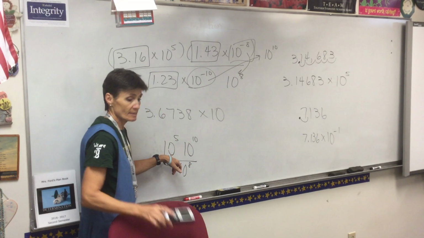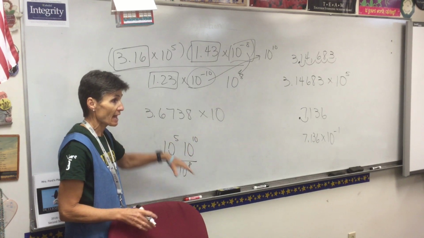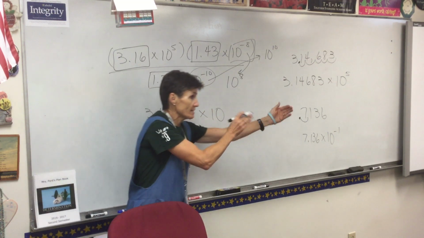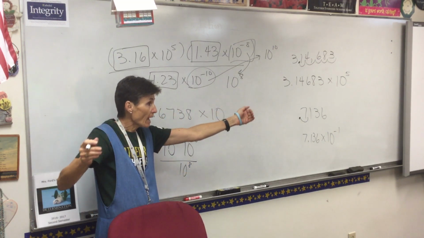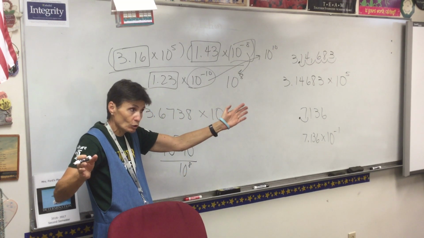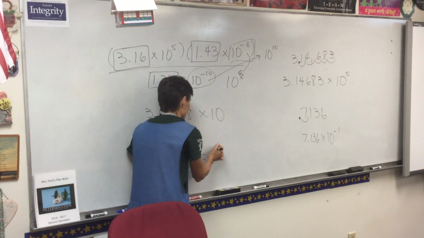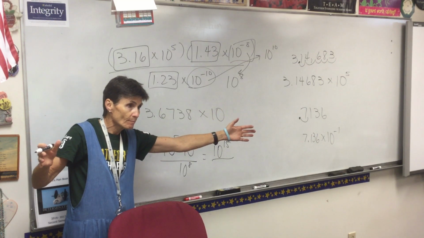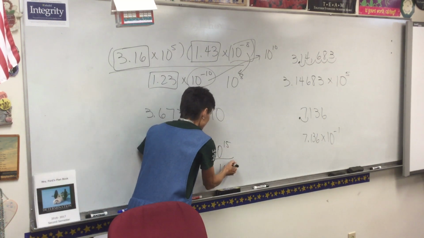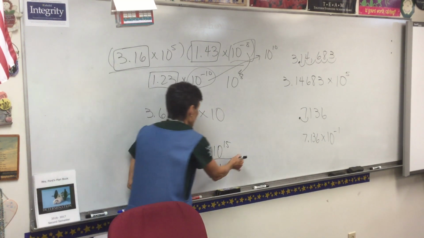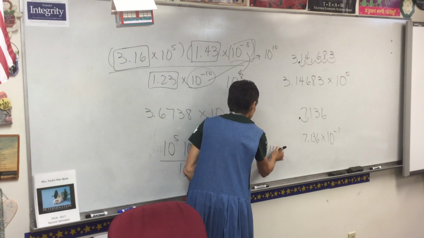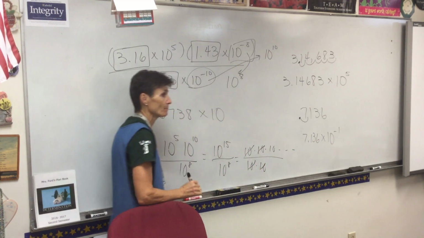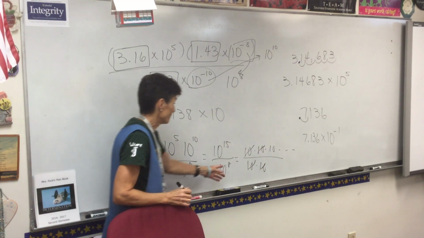Now, this is 5 tens. If you wrote this out, it'd be 10, 10, 10, 10, 10. This is 10 more tens. So if I wrote them all out, how many tens would I have all together? 15. There's 15 tens on the top. There's 8 tens on the bottom. If you wrote them all out, which I'm not going to do, and you started canceling them, what would happen?